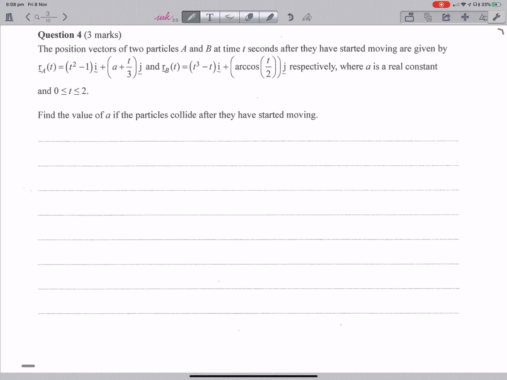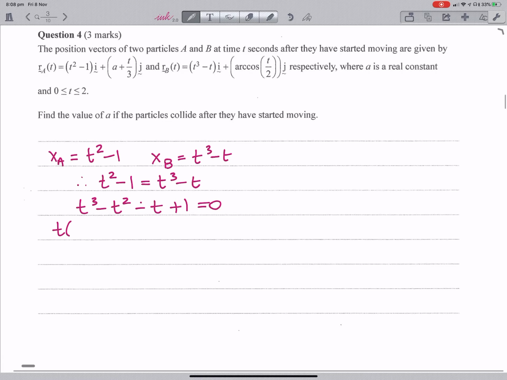Okay, position vectors, particles A and B, time t seconds after they have started moving, given by that and that. A is a real constant. Find the value of A if the particles collide after they've started moving. So if they collide, they're going to be in the same place, same x value, same y value at the same time. So let's let x of A is t squared minus 1, x of B is t cubed minus t. Therefore, t squared minus 1 equals t cubed minus t, so t cubed minus t squared minus t plus 1 equals 0.